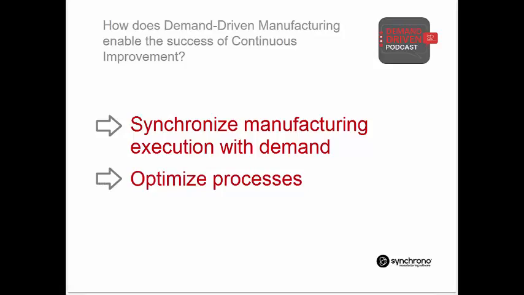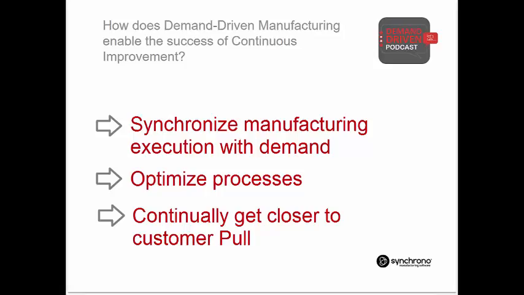But continuous improvement is also really critical to demand-driven manufacturing, because part of demand-driven manufacturing is to become more agile and flexible as a manufacturer, and without continuous improvement you can't do that, because what you want to do is get closer and closer and closer to the actual customer pull.